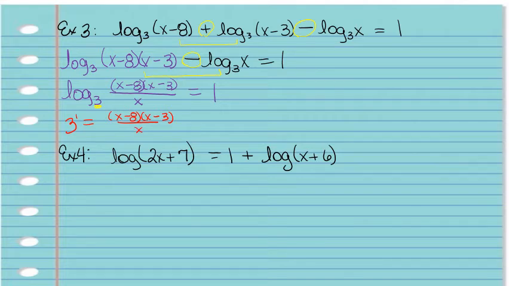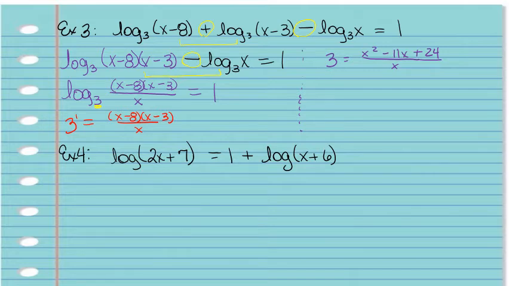And we'll come over here to the other side to do that. That's going to give me 3 is equal to x squared minus 11x plus 24 over x. If you need to FOIL that out on scratch paper, do that, but that's all I did. I'm going to multiply both sides by x to get rid of that fraction.